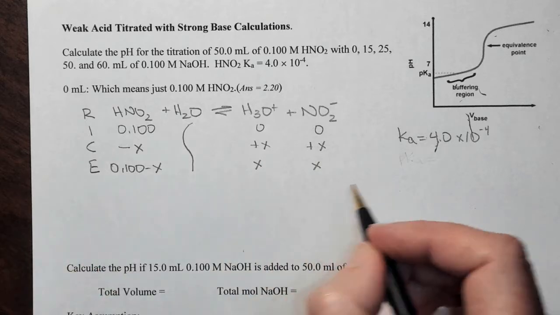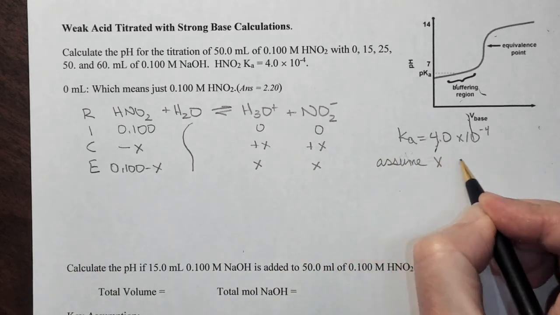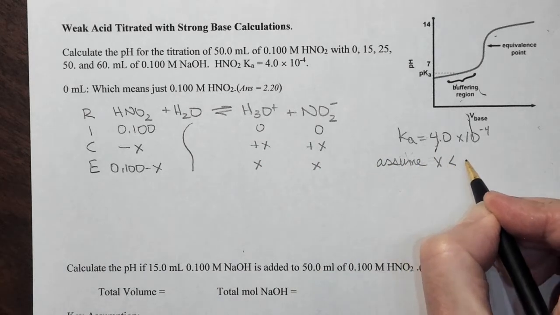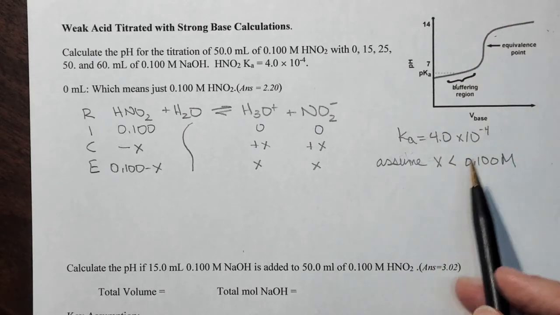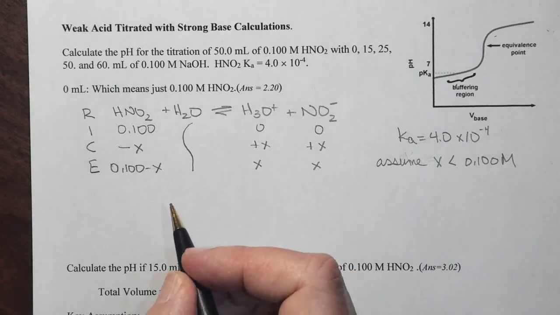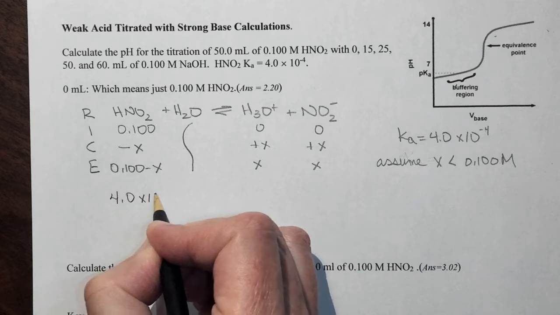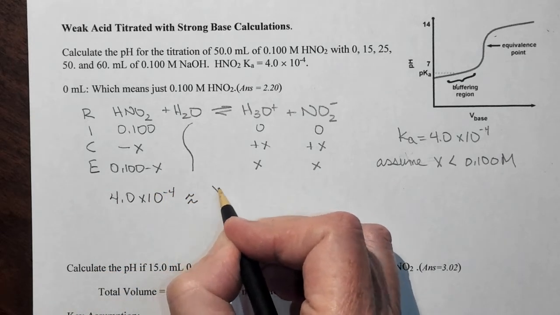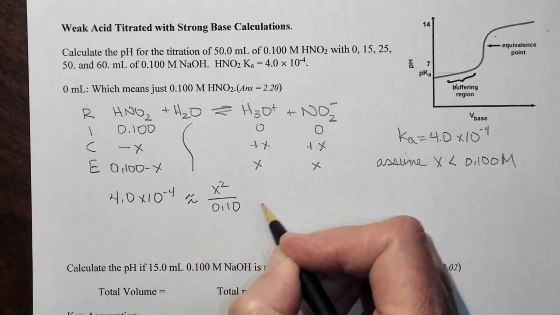We are going to assume X is small, that X is going to be much less than 0.100 molar. And that's because 100 times 4 times 10 to the negative fourth is smaller. So we're going to have 4.0 times 10 to the negative fourth is approximately equal to x squared over 0.10.